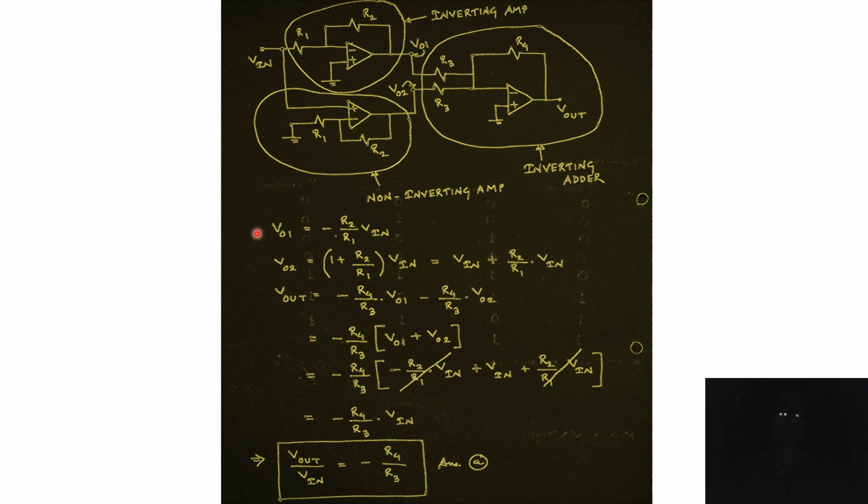Substituting V01 and V02 from the first two equations, it is very easy to show that Vout is equal to negative of R4 by R3 multiplied by the input voltage. Because they want the answer in the form of Vout by Vin, this is simply equal to negative of R4 by R3. So option A is the correct option for this problem.